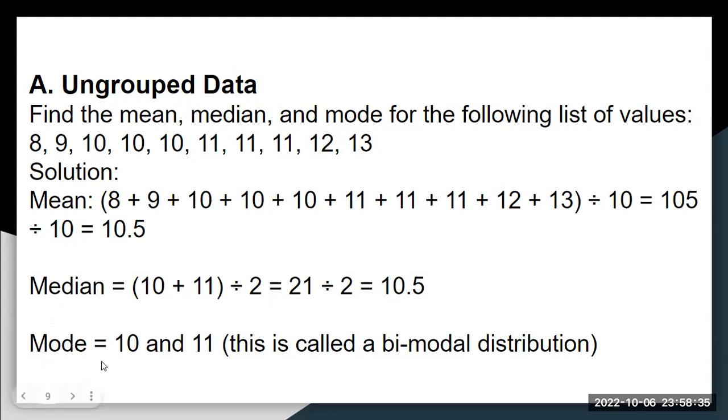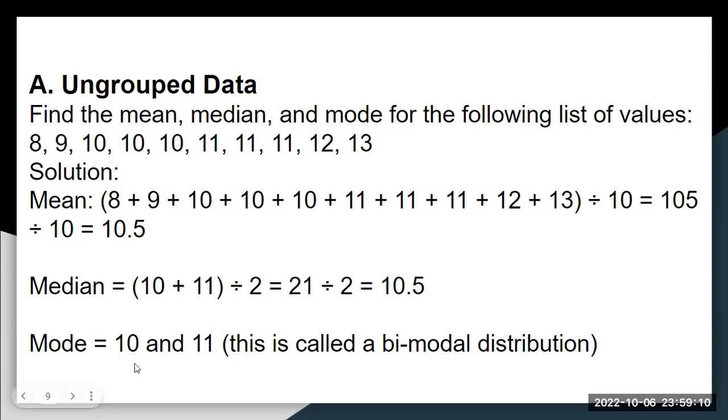And for the mode, so, tingnan nyo yung repeating numbers. So, we have 10, di ba? Si 10 saka si 11. Si 10, tatlo din. Tapos si 11, tatlo din. So, parehas sila. So, since parehas sila ng bilang, so they are the mode of the given set of data.